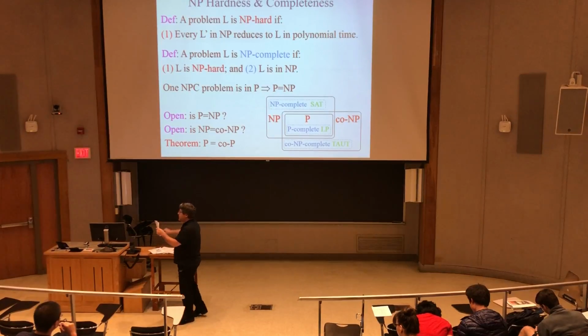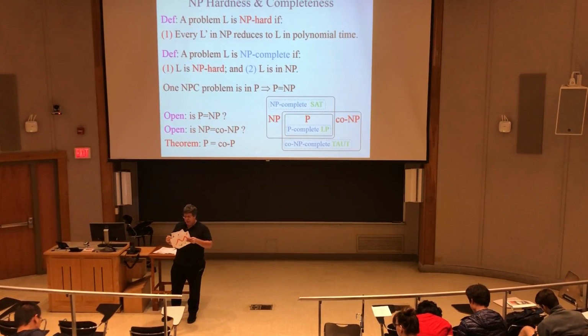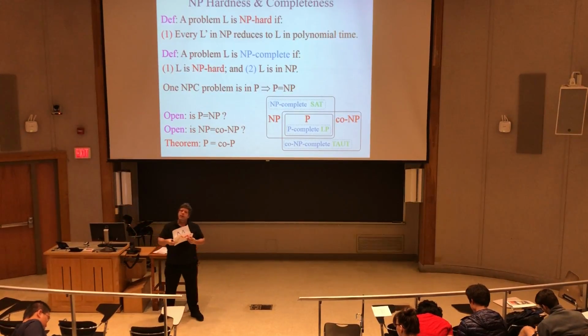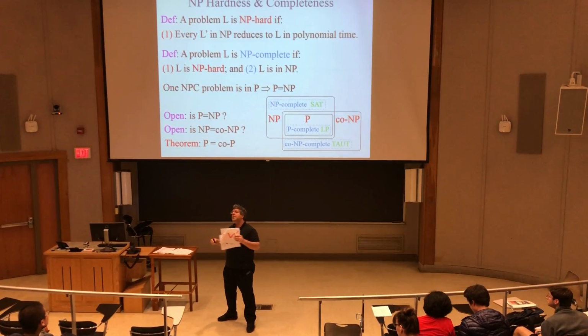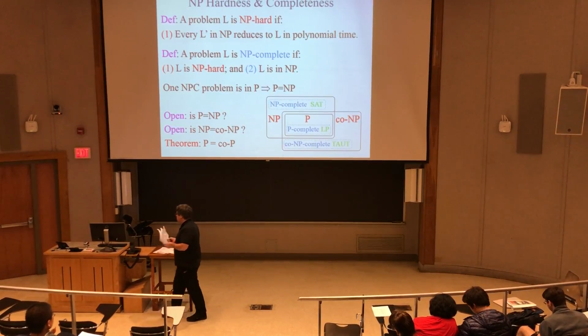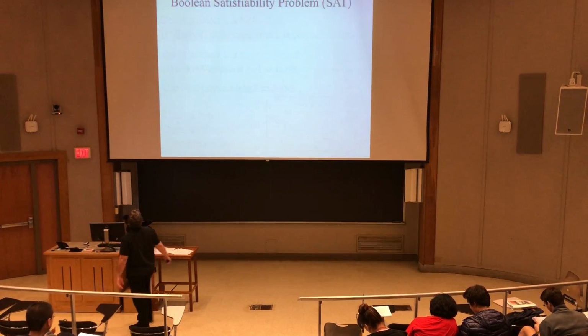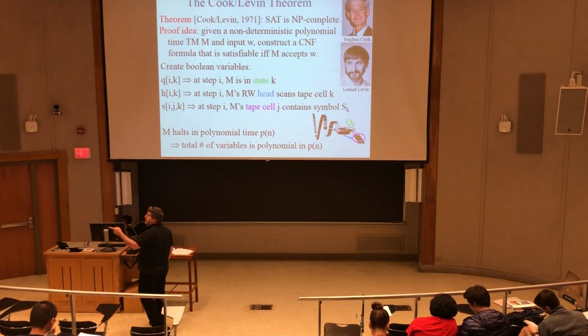That's this business here with the props. So if you want to solve a problem that you're not sure how to do efficiently, reduce it to SAT. Give it to a SAT oracle. It will tell you, and that'll be the same answer to that, given that the reduction works. And this reduction of everything in NP to SAT is called Cook's theorem, and that's what we just went through. That's this thing here.